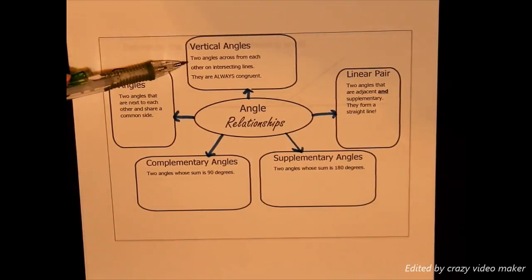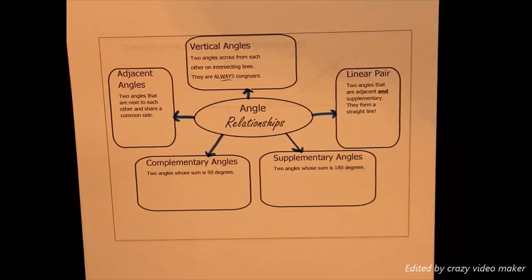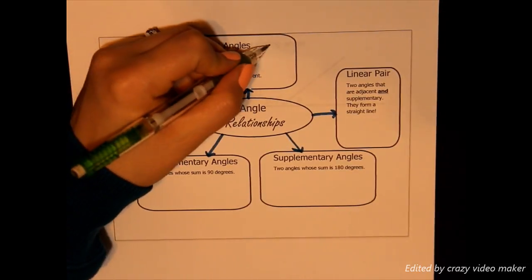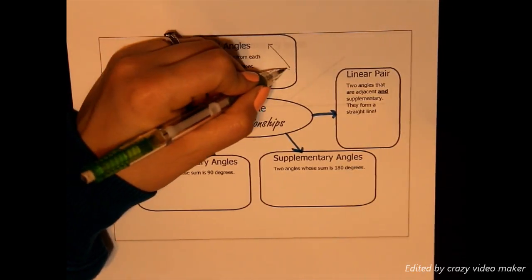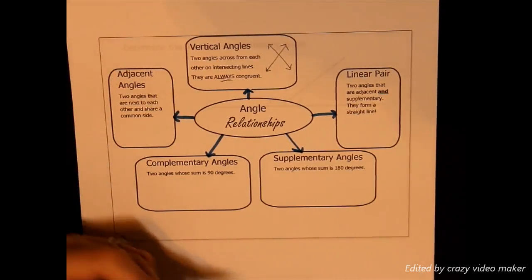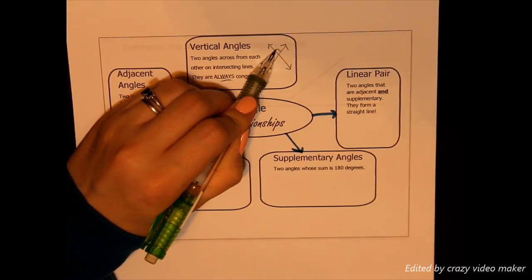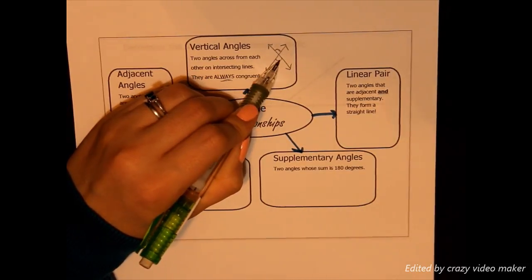So vertical angles, they are 2 angles across from each other on intersecting lines, and they are always congruent. So here, there's a line there, here's a line here, and vertical angles are angles like this guy and this guy right here.